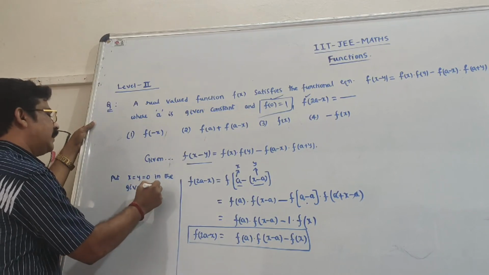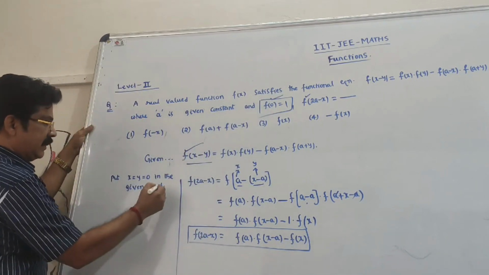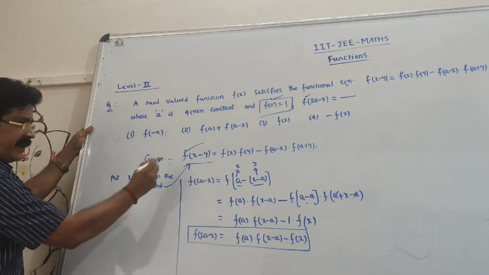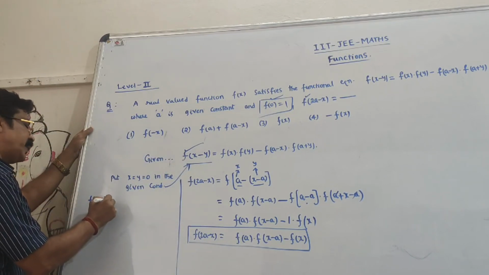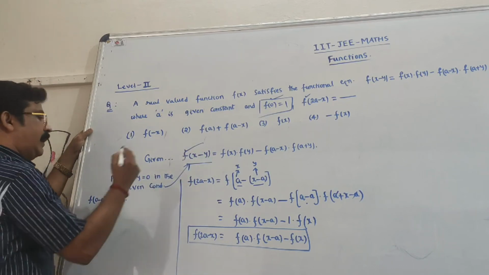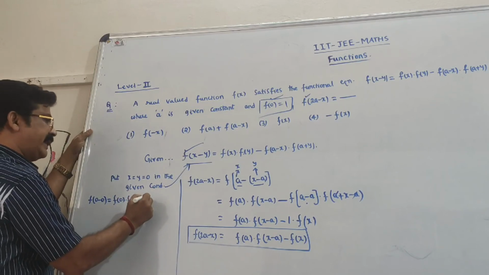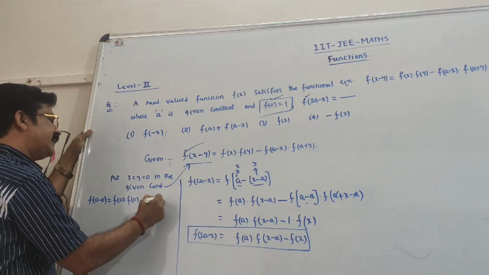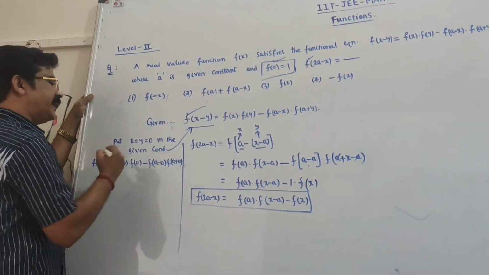So the given condition means f of x minus y, with x value 0 and y value 0, is equal to f of 0 into f of 0 minus f of a minus 0 into f of a plus 0.